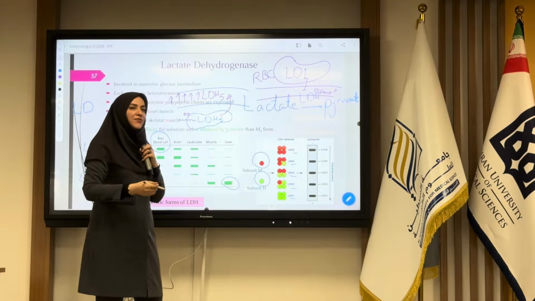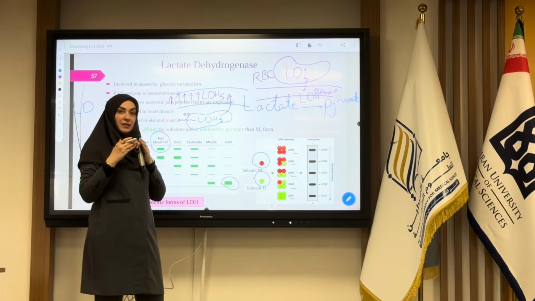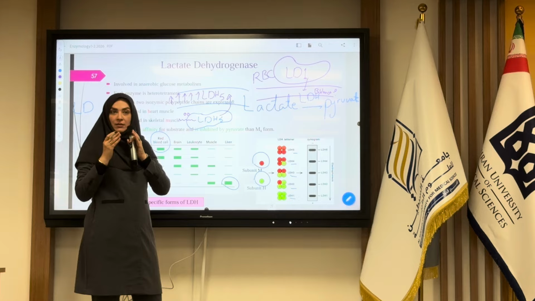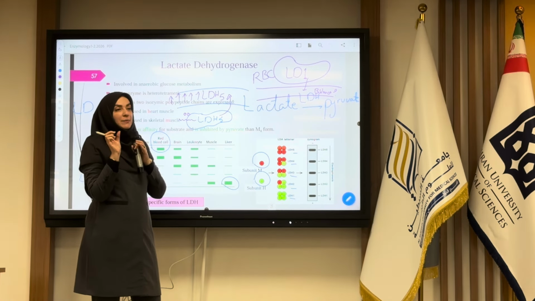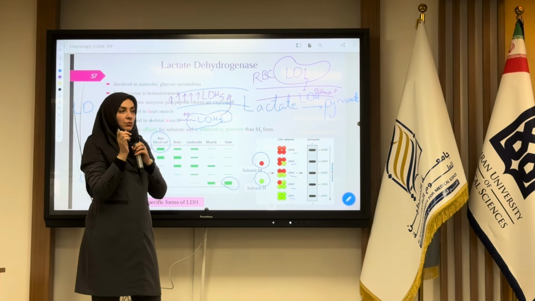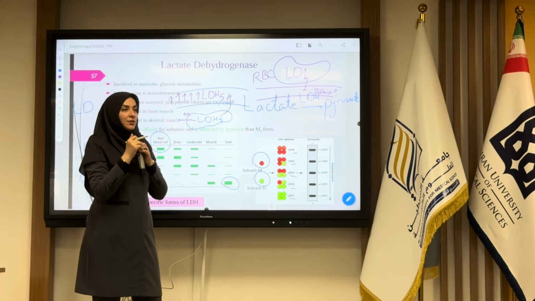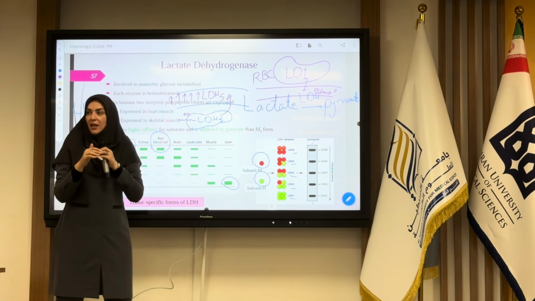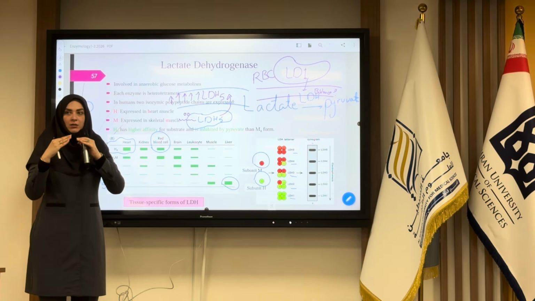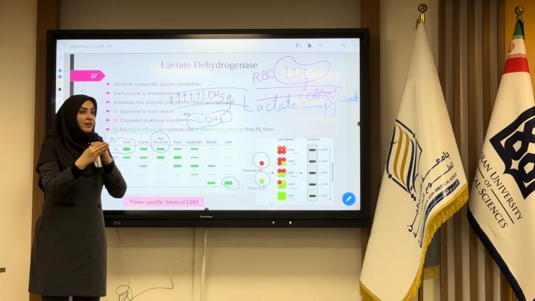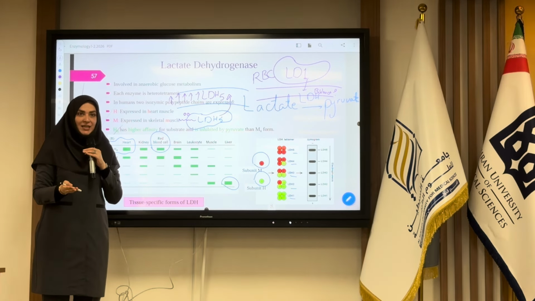What happened? When you have a leak from RBC, you know, rupture. When you have one specific disorder, you know. Hypertension? No. It's transport. Lack of hemoglobin. What was the name of the lack of hemoglobin disorder? Anemia. Okay?